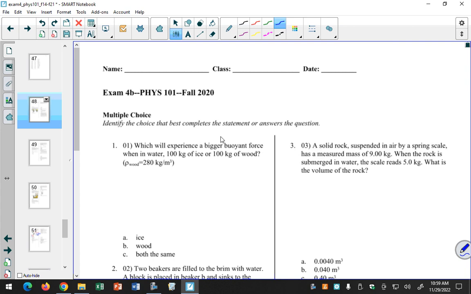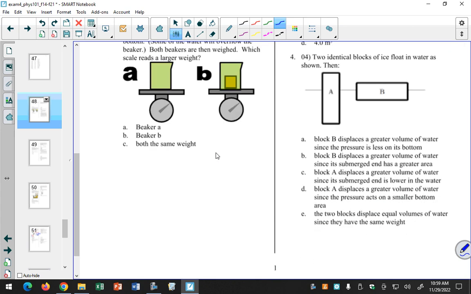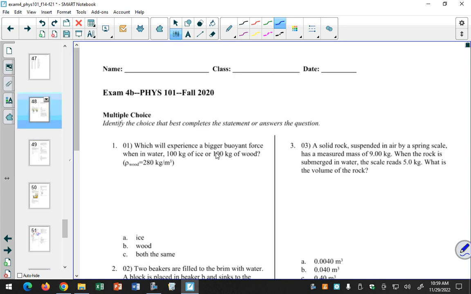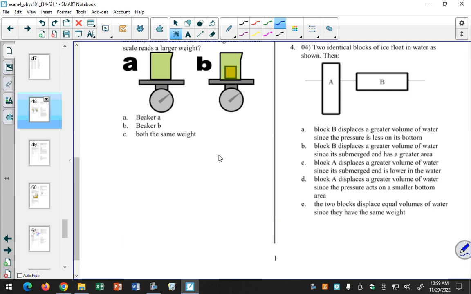All right. Let's look at, oh, what's a good question? No, none of these are very good. Let me go look at a different test. We'll look at some Archimedes principles.